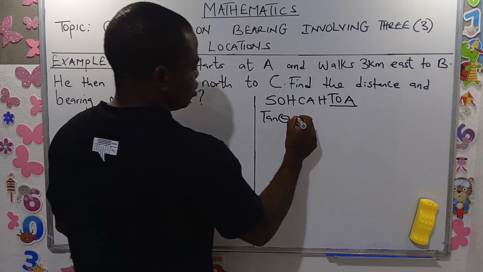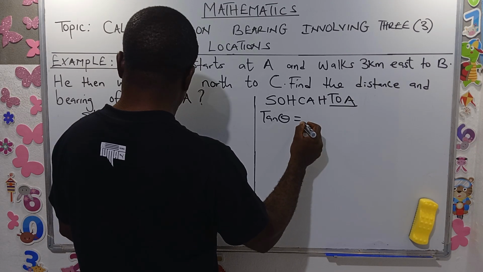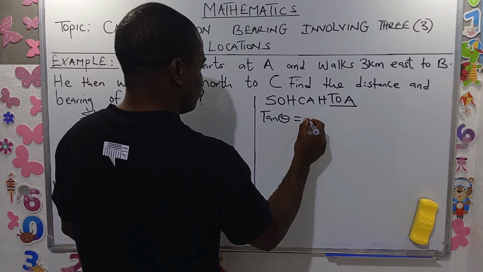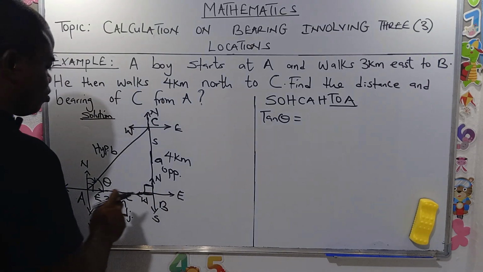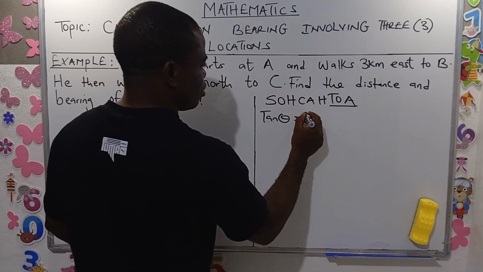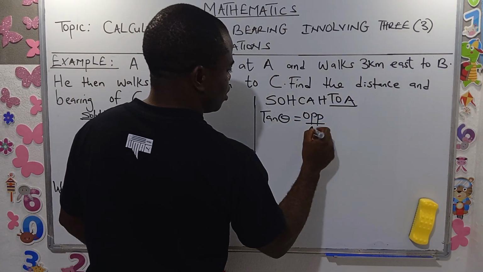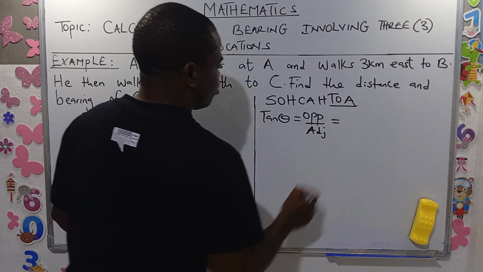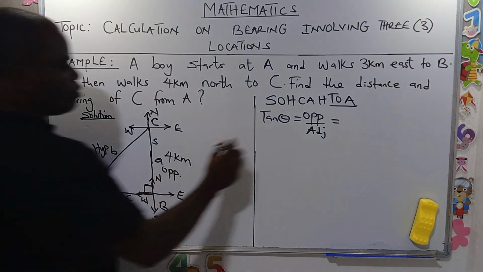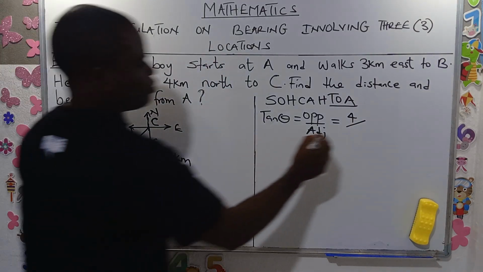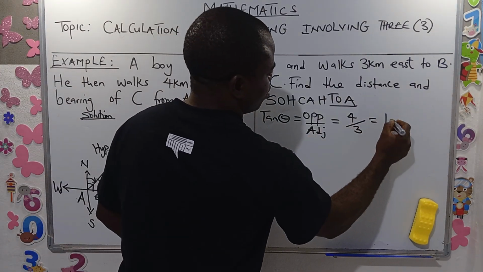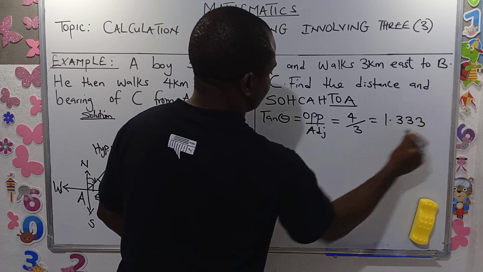Tan theta equals opposite over adjacent. What's our opposite? Our opposite is 4 divided by adjacent 3. We divide that, you have 1.333.